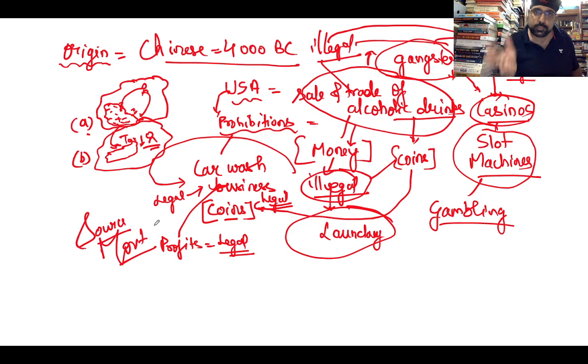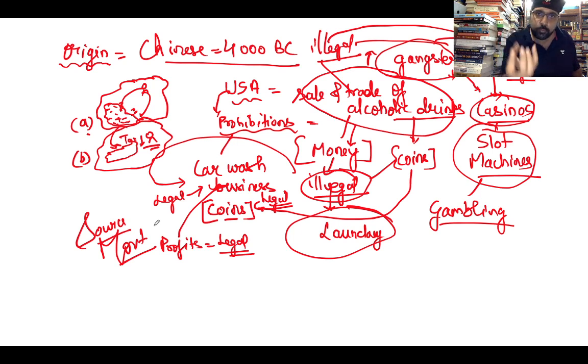The laundry business was yet another business that operated through the use of coins. In this business, these gangsters again put their money, which was earned through illegal sources, the illegal coins that they had, and they beautifully blended this, like a Starbucks coffee, the illegally generated wealth with the legally generated money that people were putting in this legitimate business.